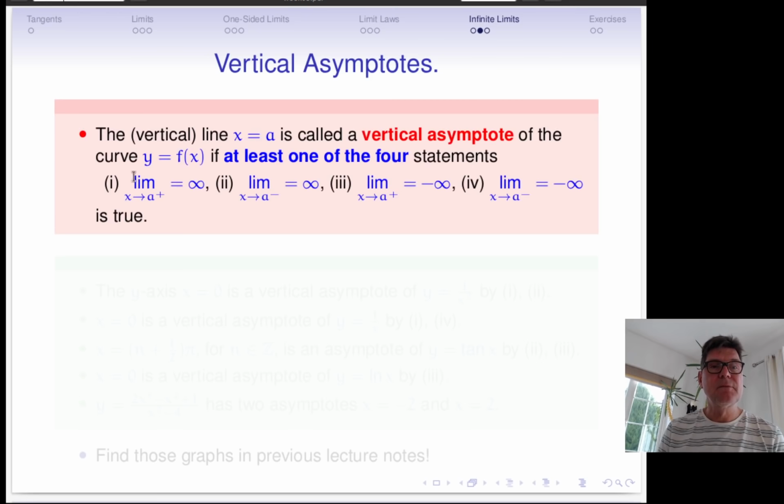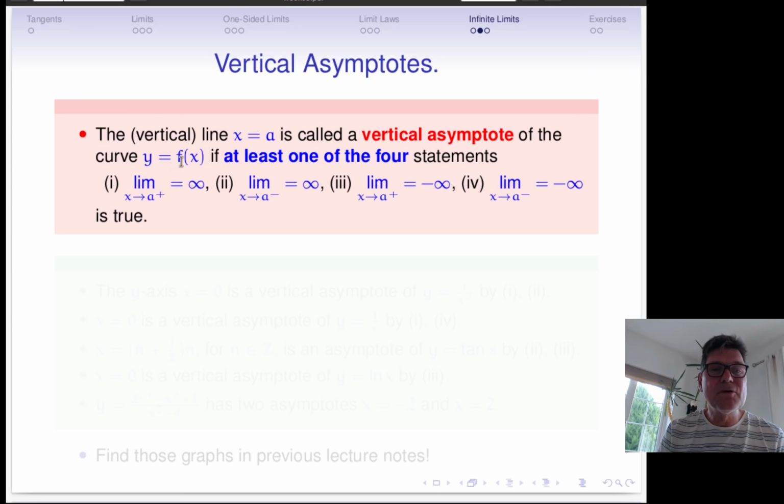The limit either from the right-hand side or from the left-hand side, either to plus infinity or to minus infinity, of f of x. I'll insert f of x here in these four places in the notes: the limit of f of x as x goes to a plus is infinity, and so on.